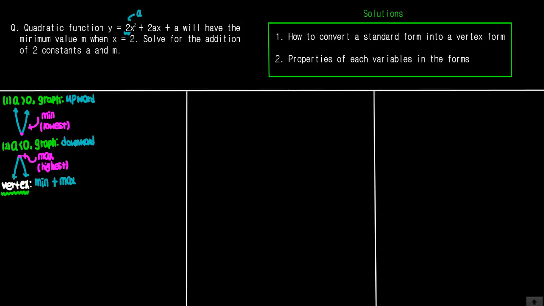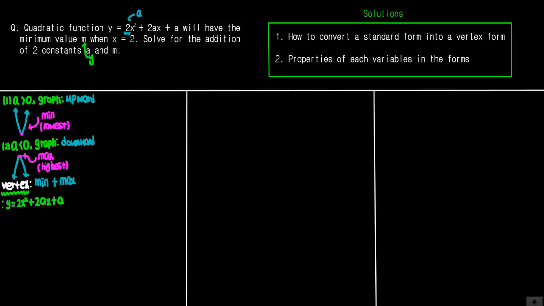In the question they said our function y is equal to 2x squared plus 2ax plus a is going to have the minimum value m when x is equal to 2. That means our m value is the y coordinate of our function's vertex. So at first, let's write our function down here. Our function was y is equal to 2x squared plus 2ax plus a.